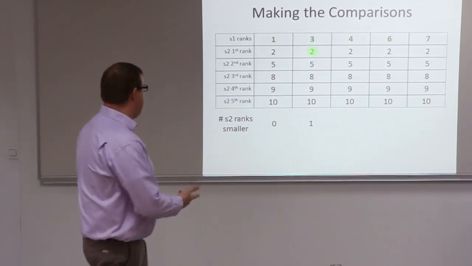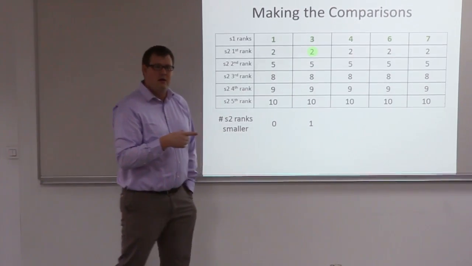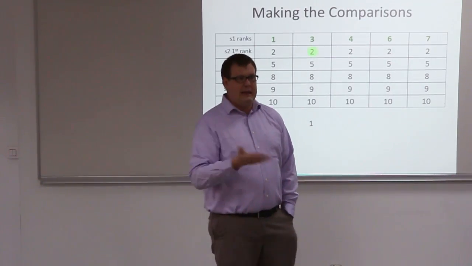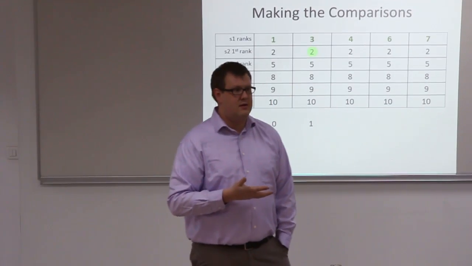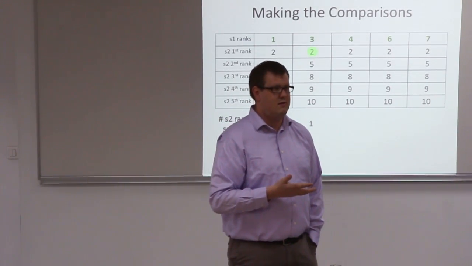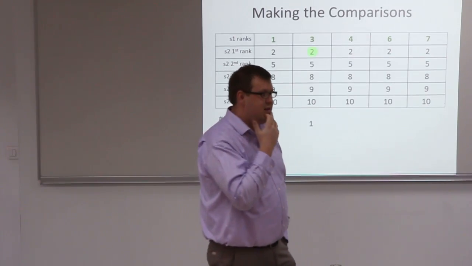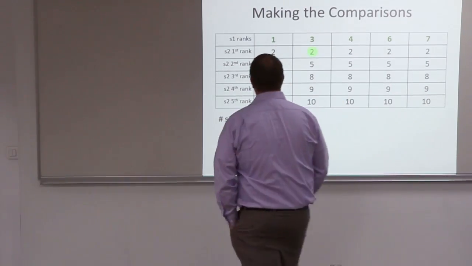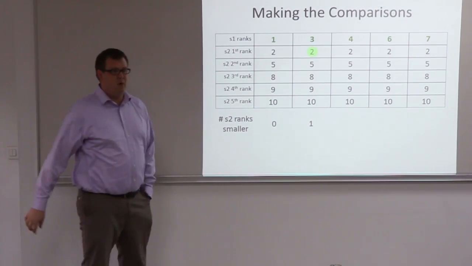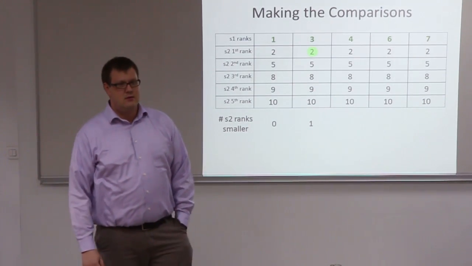We're summing these comparisons, right? How many of these comparisons should be less? How many of the sample 2 ranks should be less than the sample 1 ranks?